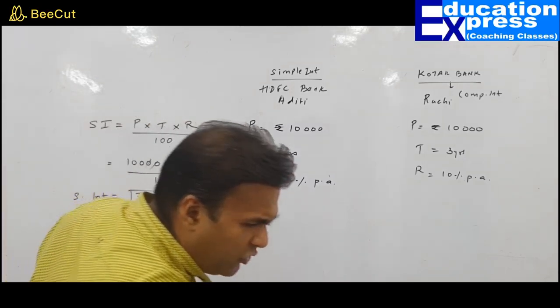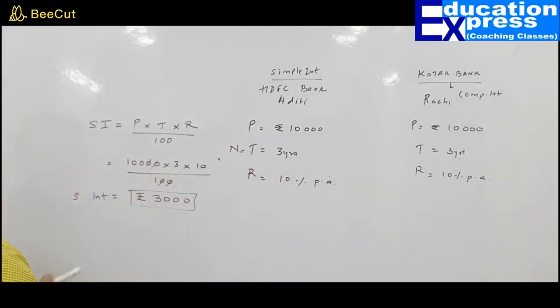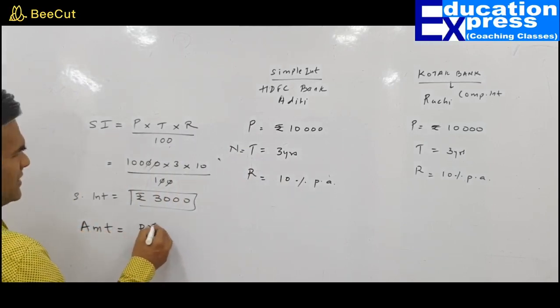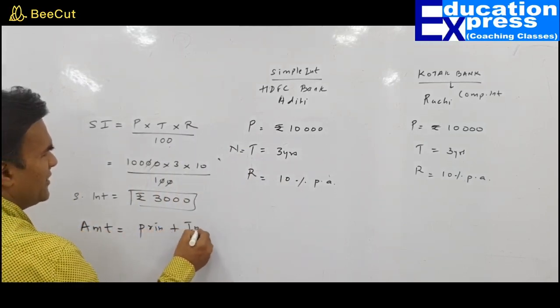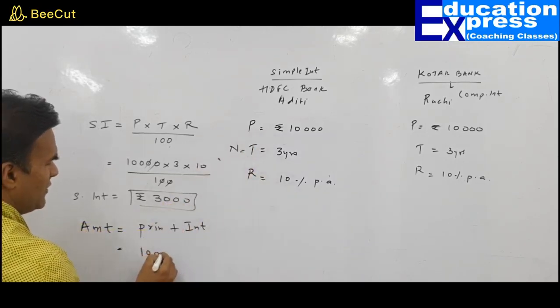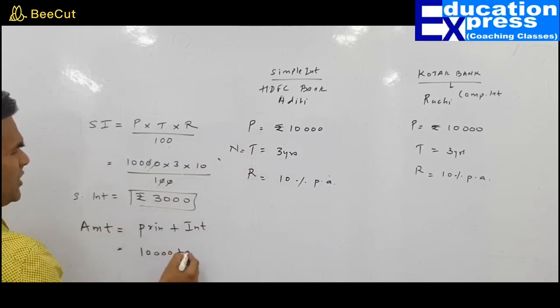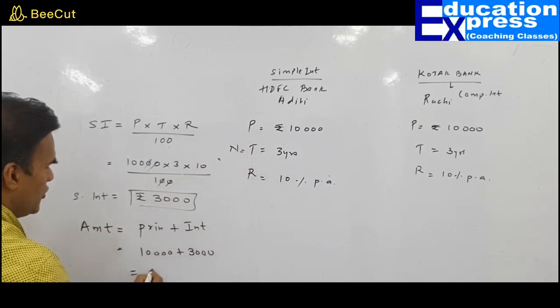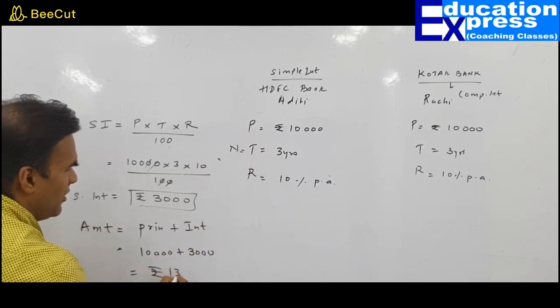So at the end of 3 years, Aditi will receive the total amount. What is the total amount? So amount is principal plus interest. Principal means how much I invested, 10,000. Bank will pay you 3,000 as the interest. So the total amount that you receive is 13,000.